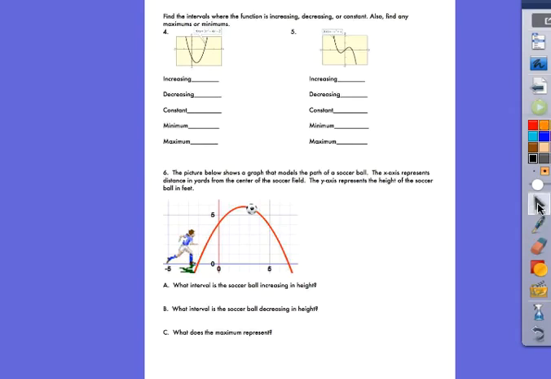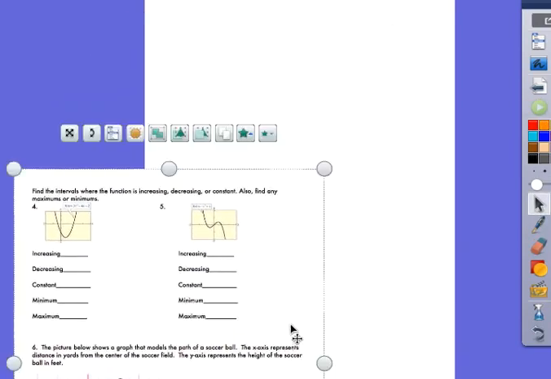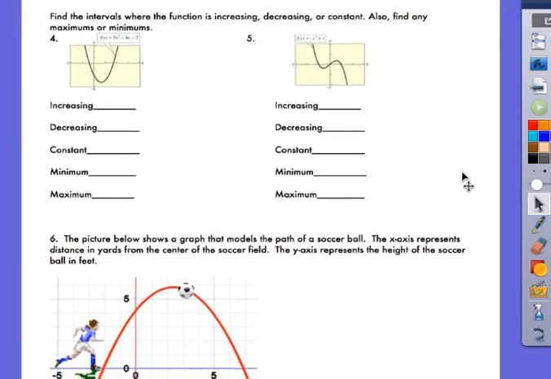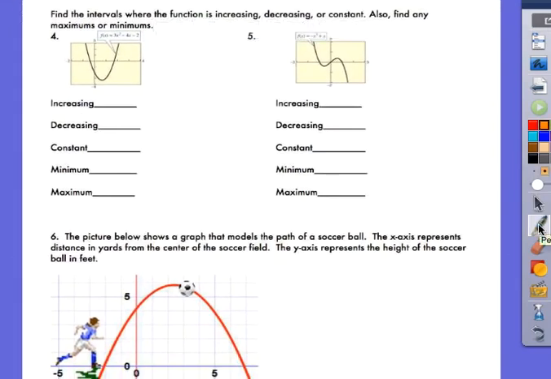Okay, number 4. All right, find the intervals where the function is increasing, decreasing, or constant. Okay, and then max and mins. So increasing here. Now this one can be a little bit tricky. You can see it starts increasing right here where the minimum is, right? And it goes on and on and on.